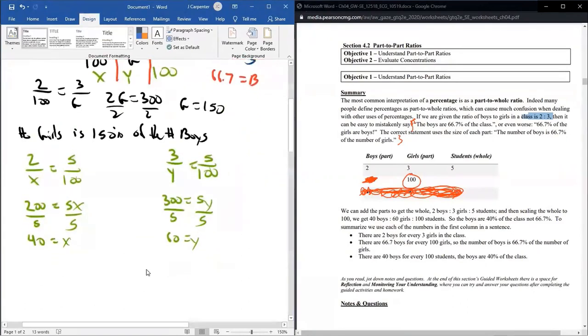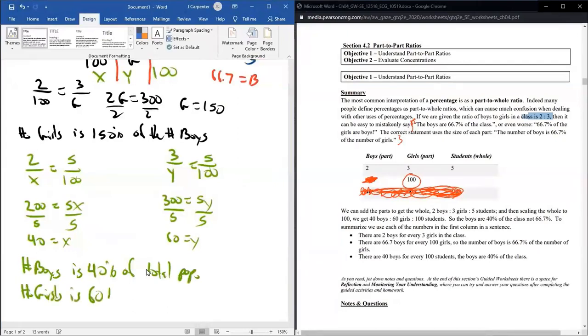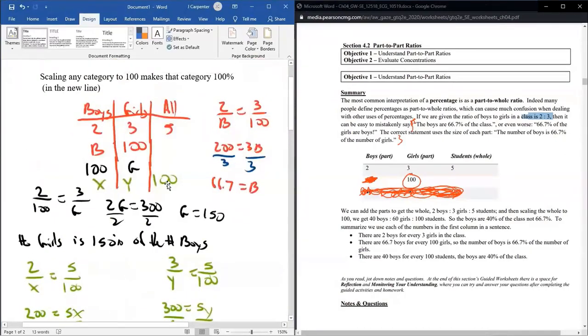These statements would be: the number of boys is 40% of the total number of students, and the number of girls is 60% of the total population of students, however you want to say that in a nice quantitative way. So the boys make up 40% of the total, the girls make up 60% of the total. You can only make a statement that way when you scale the total to 100.